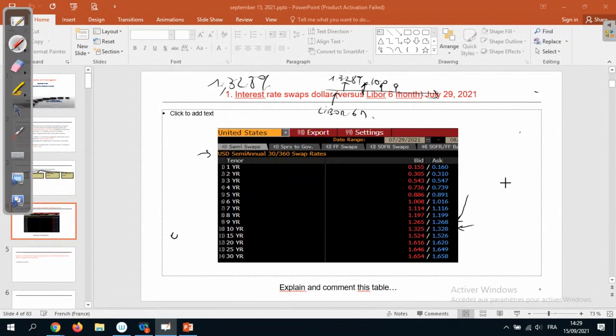So it's very interesting today for US firms because they can lock in a fixed rate of 1.3% during 10 years. It's a very low interest rate. You understand that?